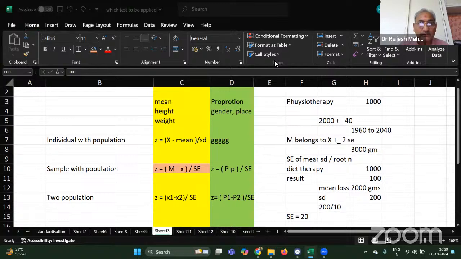My question is, if the 1,000 population mean weight loss was 3,000 grams, and, very interestingly, the sample of 100 out of this shows 2,000 gram weight loss with a standard deviation of 200 grams, do you think this is a representative sample of the population?